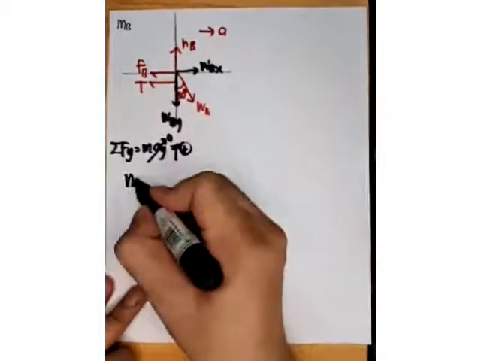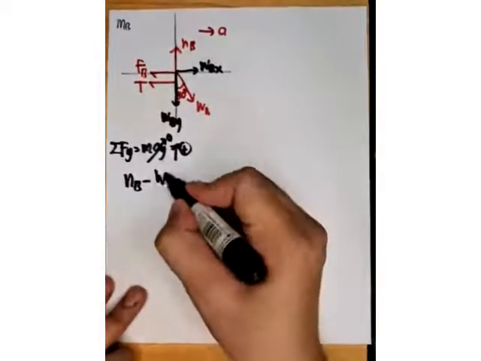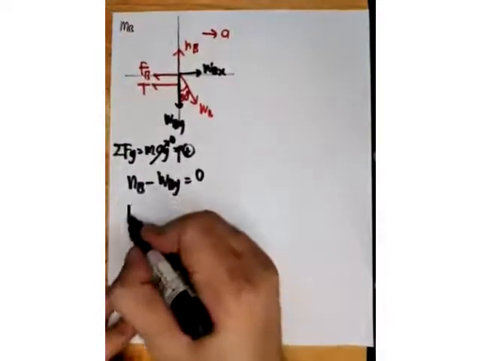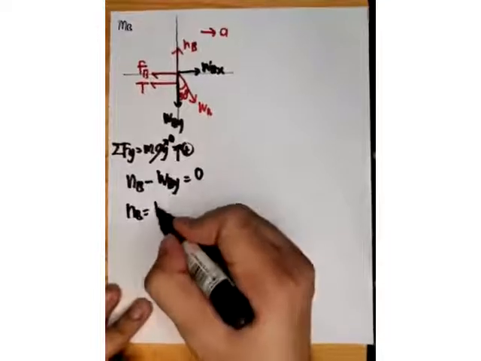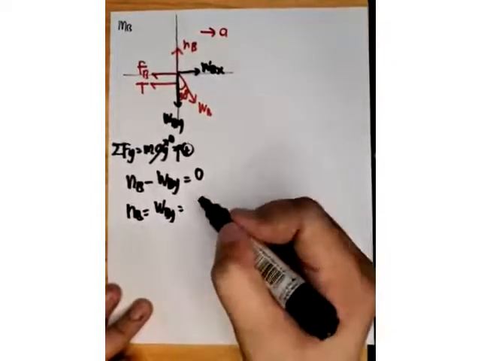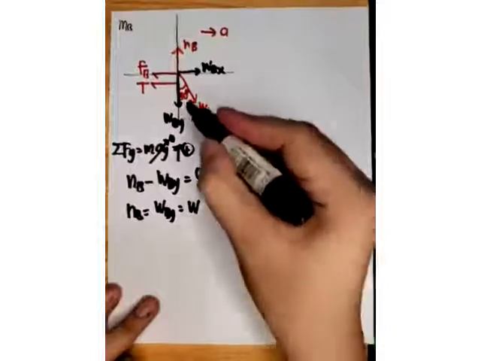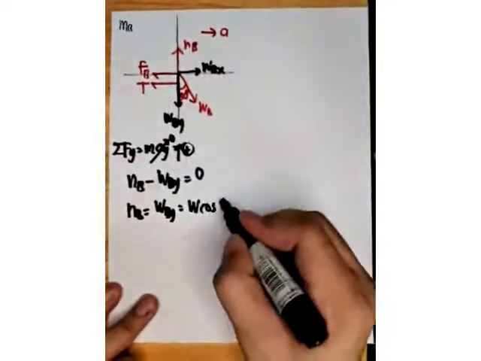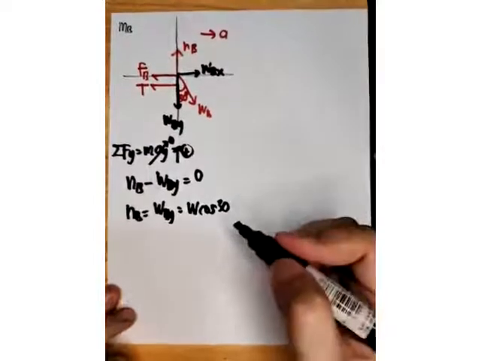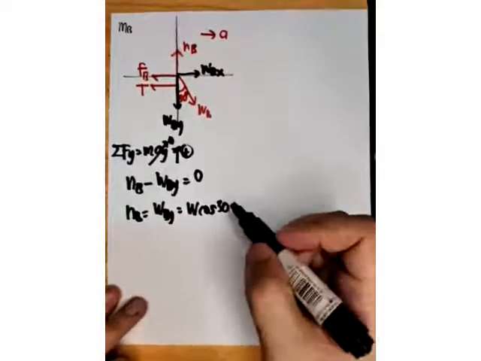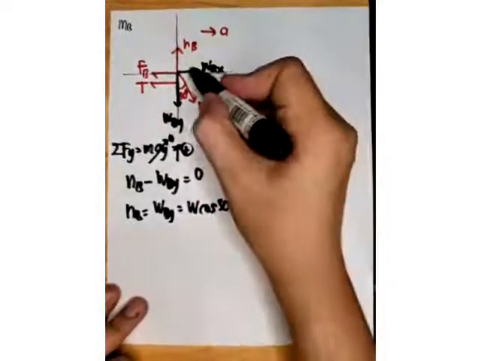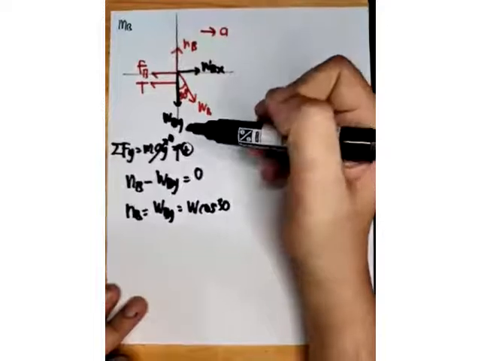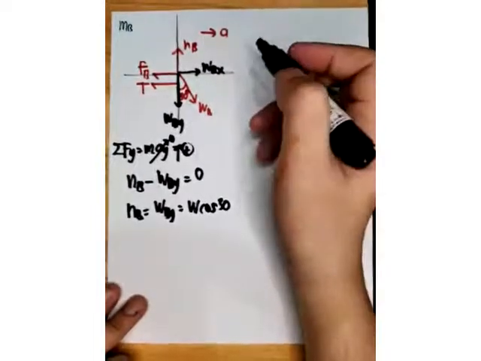So we'll have NB minus WBy is equal to 0. So normal B then is equal to WBy. But WBy is equal to W, since nakadikit sa kanya yung angle na yon, so that will be cosine 30. Okay, cosine 30. But if you want to get the complementary angle, which is 60, so WBy will be W sine 60.